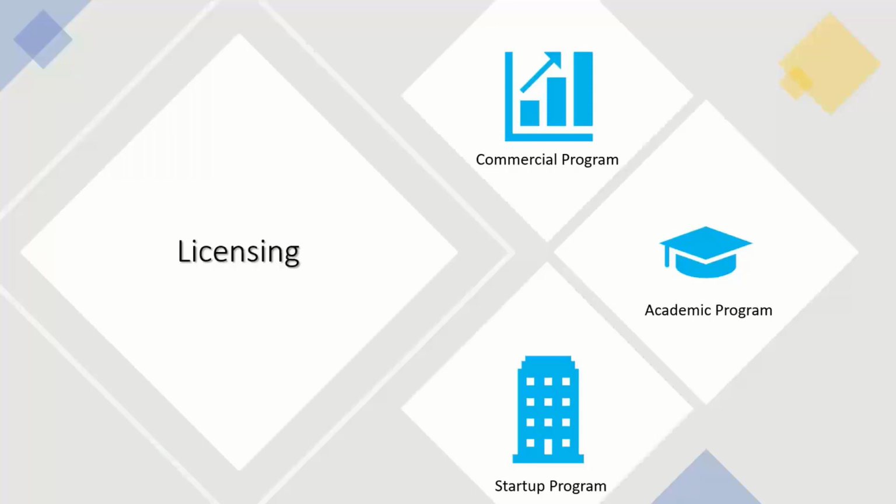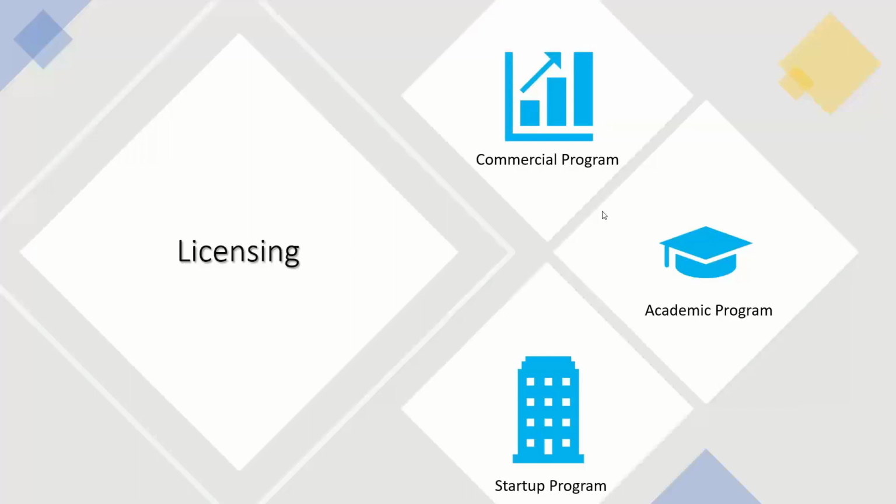Let me briefly touch upon the licensing structure offered by HFWorks. We offer 3 different programs: commercial, academic, and startup programs. Each program has its own benefits and requirements. Within the commercial program, we offer perpetual or lifetime licenses, while our licensing structure is usually annually based on the rest of the programs.